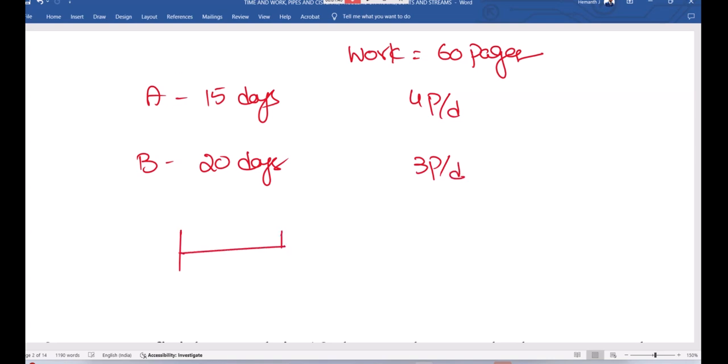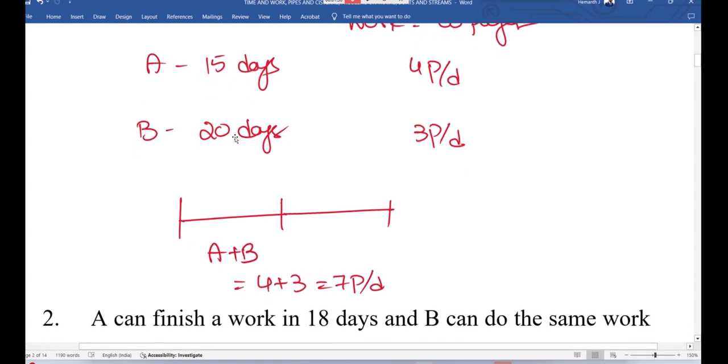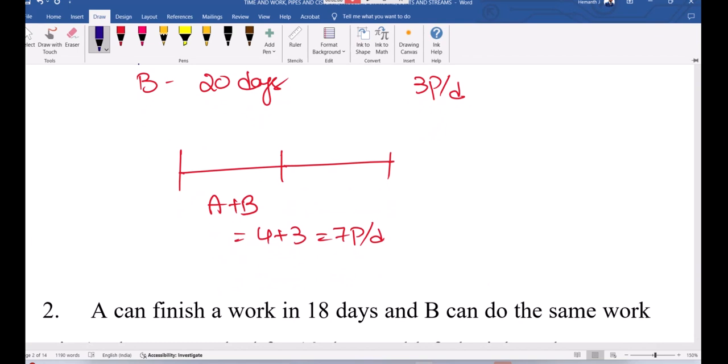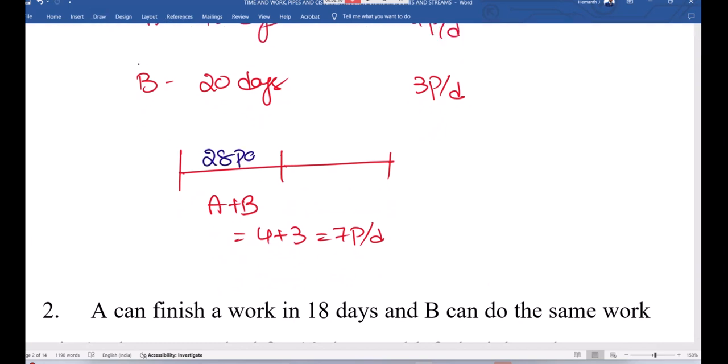They worked for 4 days. A and B together, A can type 4, B can type 3. Together 7 pages they can type per day. 4 days means 7 into 4, 28 pages is completed. Still 32 pages.